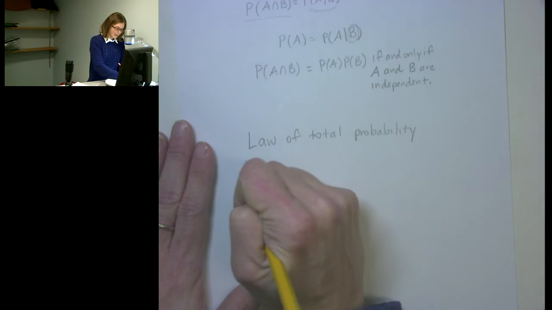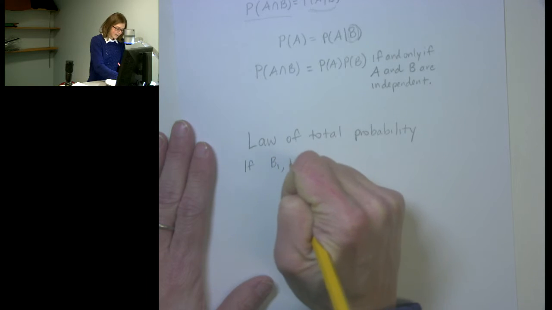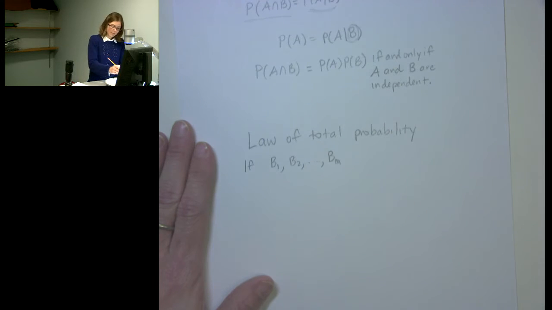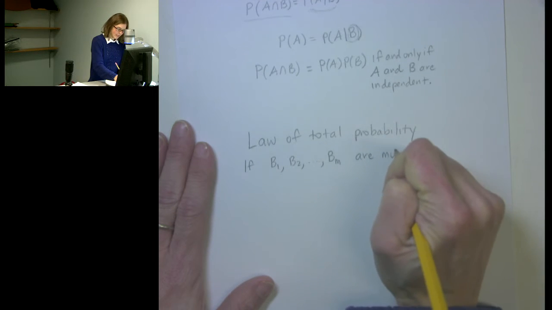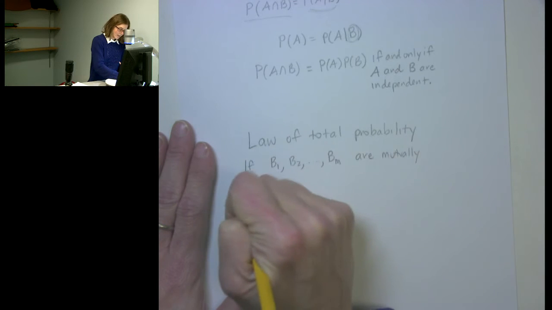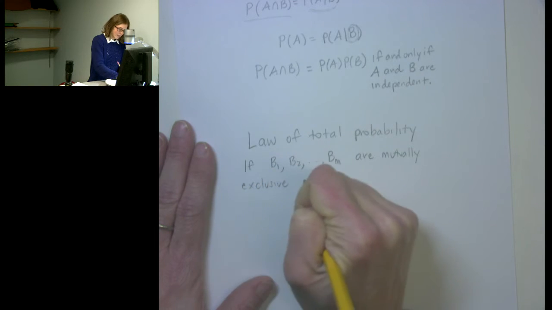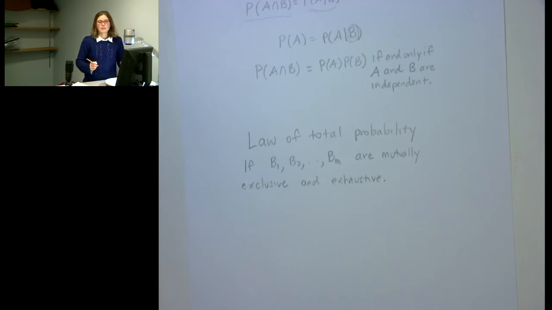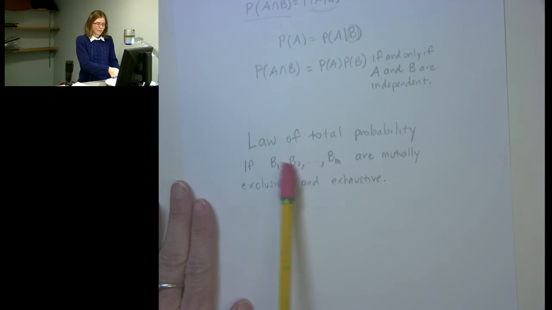What it says is that if B1, B2, up to Bm are mutually exclusive and exhaustive, so what does that mean? Mutually exclusive means only one of them can occur, and exhaustive means that at least one of them must occur, right? So really what this means is that exactly one of these events must occur.